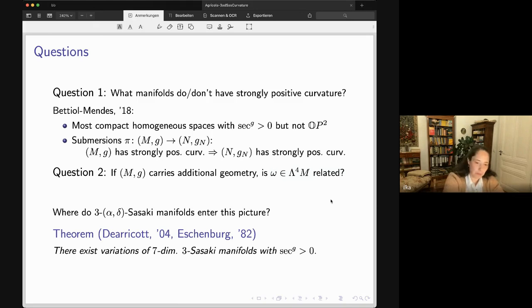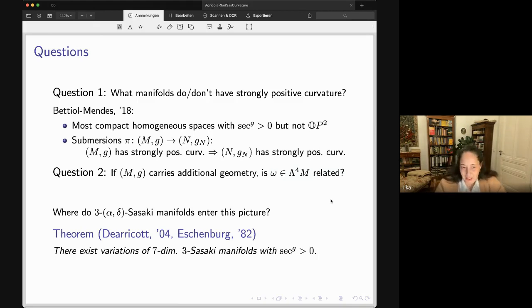Different means, and Eschenburg, this was the biquotient approach, of course, of the time. And there exist variations in the sense it's not the Sasaki metric, but one deforms the metric, which shows the existence of a deformation of the metric to conclude positive sectional curvature.